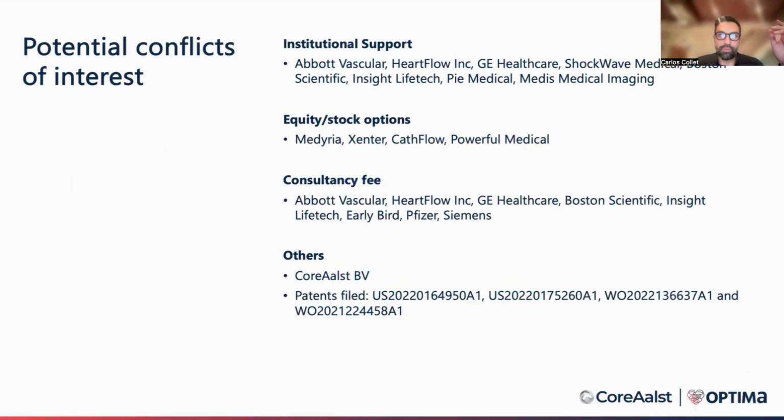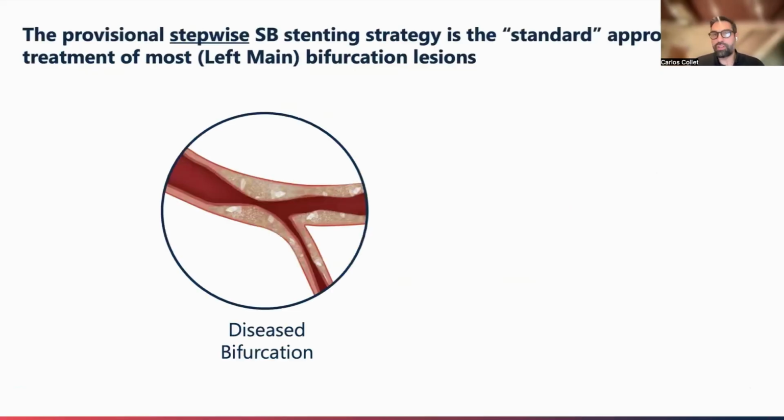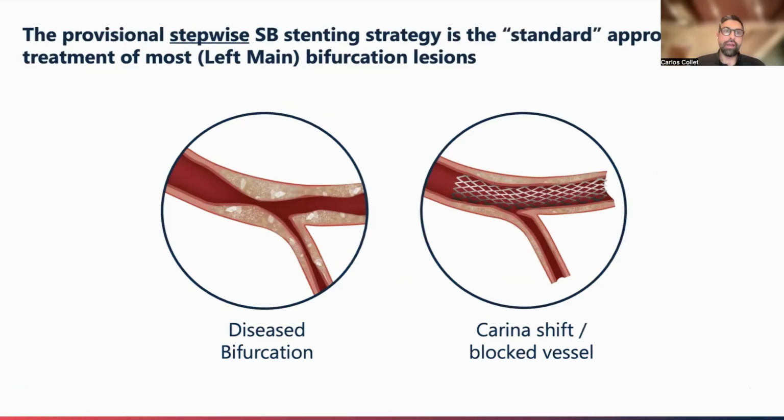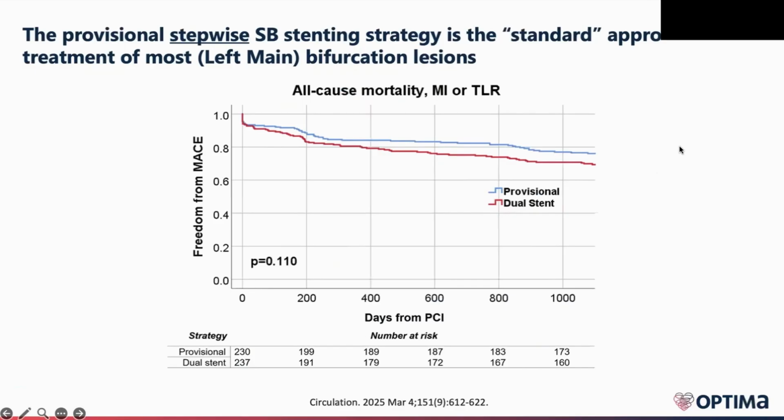If we think about the whole philosophy of the club, we all agree, and the trials have demonstrated, that a stepwise provisional approach is, or should be, the standard approach for most left main bifurcations, and that is supported by an amount of data. I just want to quote the recent publication of the EBC MAIN showing basically equivalence of provisional versus the stent.